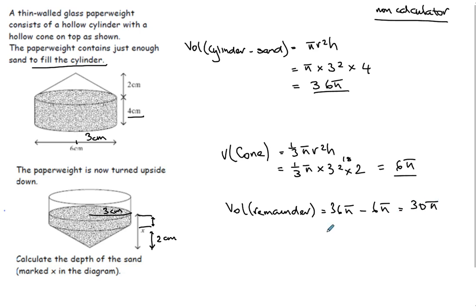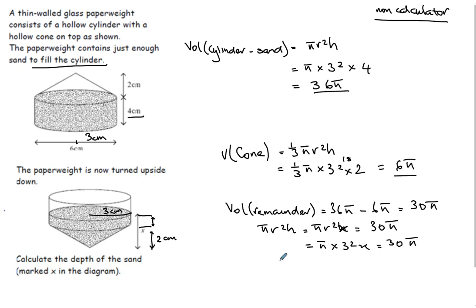Again, we've got the cylinder part of it, which is pi r squared h. And we're trying to find the x, so we'll just write pi r squared x. Sorry, it's like you think one thing and you write something else. Equals 30 pi. The radius is still 3, so pi times 3 squared x equals 30 pi.